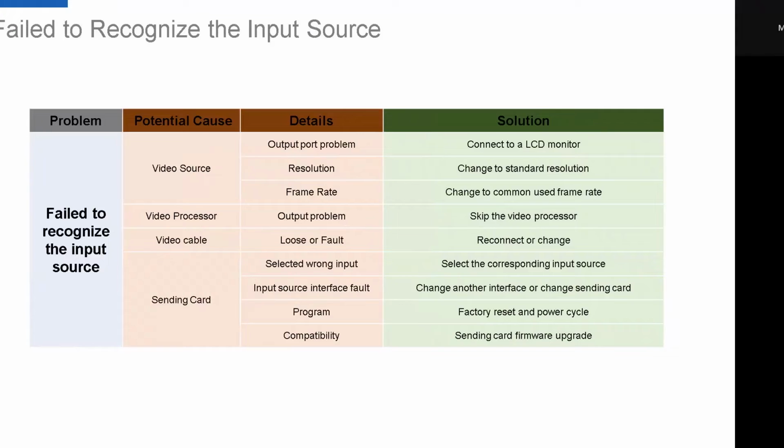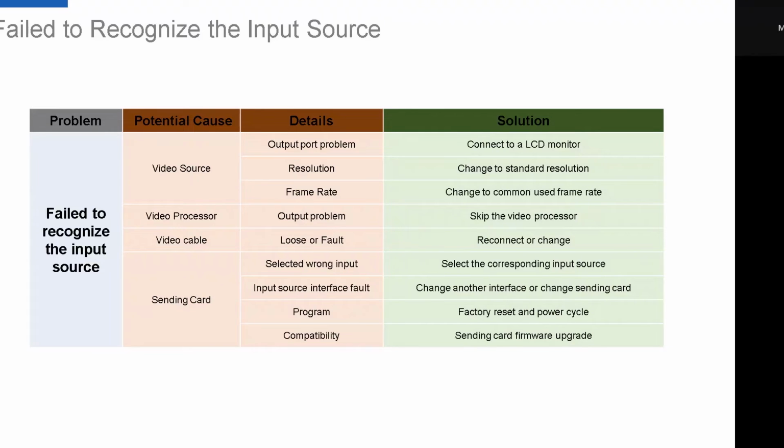Just skip the video processor and directly connect your video source to the independent controller. See whether it can be recognized. If skipping the video processor solves the problem, it means there is some hardware issue with your video processor, so change to a different one.